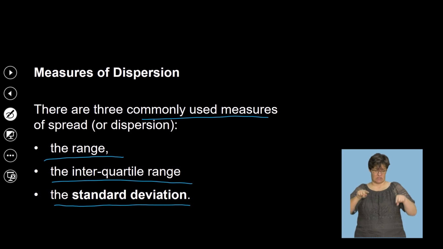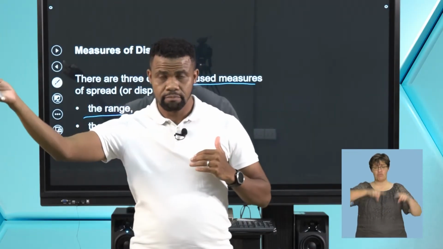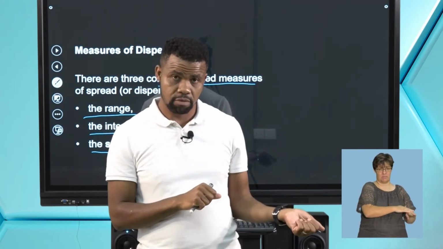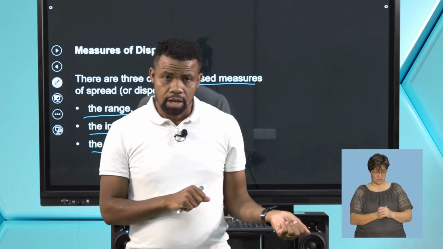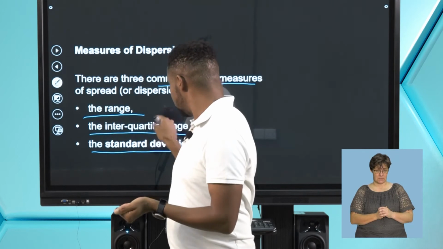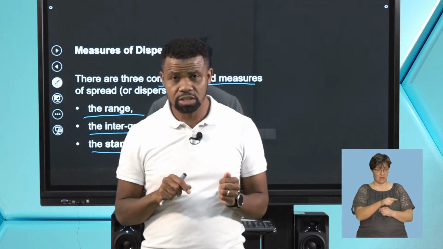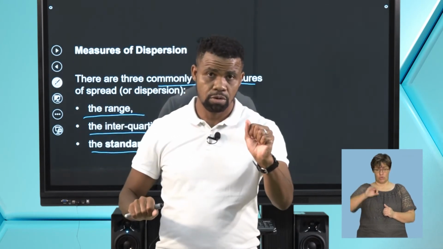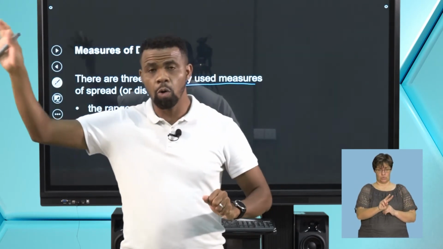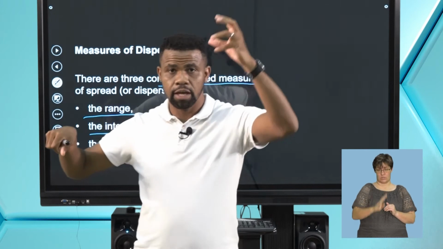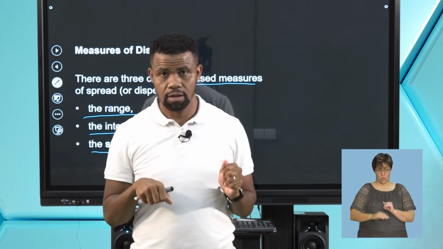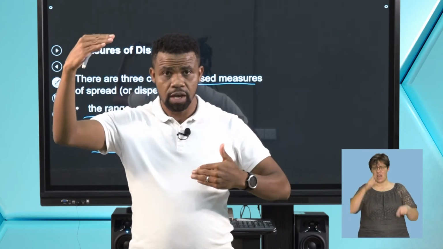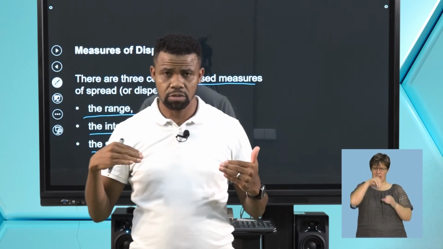And remember that the range is the maximum minus the minimum, which gives us the range. Are we together? Then the interquartile range is Q3 minus Q1, meaning the upper quartile minus the lower quartile. What is different between the range and the interquartile range?